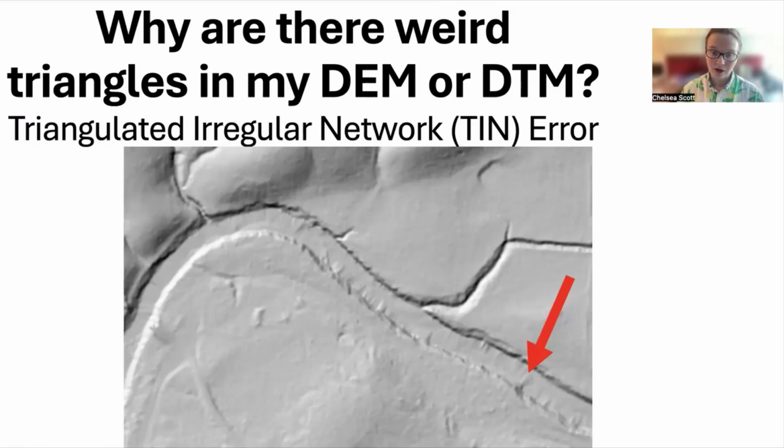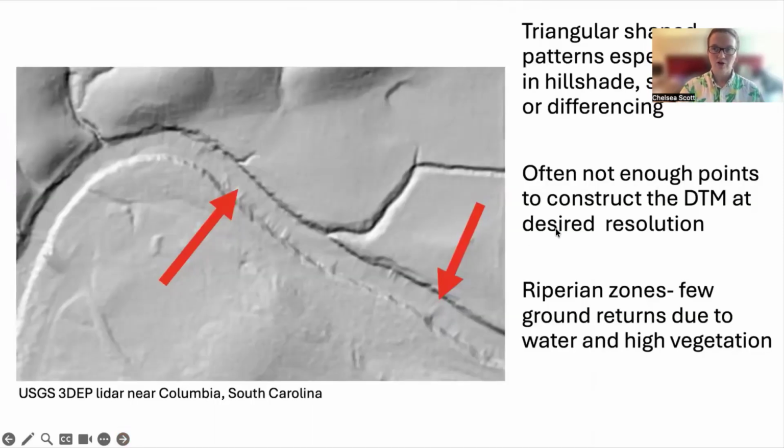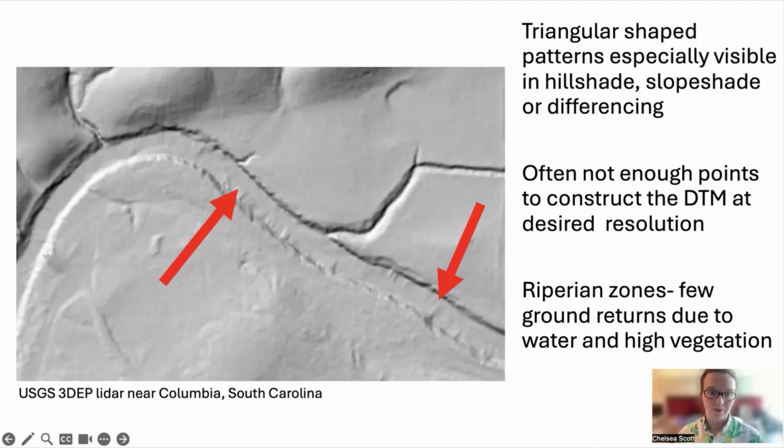So in this video, I'm going to discuss what these errors are in a little bit more detail, and then show you some approaches that you can experiment with to get rid of these errors, or at least make them less bad.